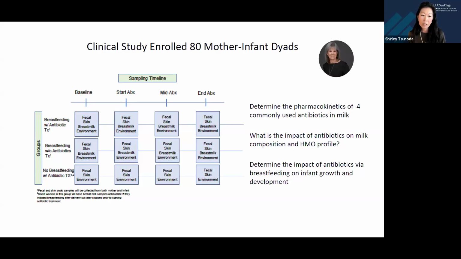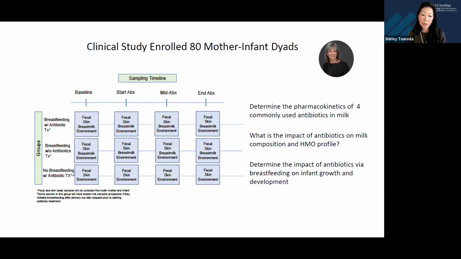We have sampled fecal samples, skin samples, breast milk samples, as well as environmental samples of the baby and mother to answer a host of questions. We're currently analyzing all of these samples. We've collected them all now. Tina's team has successfully completed enrollment.